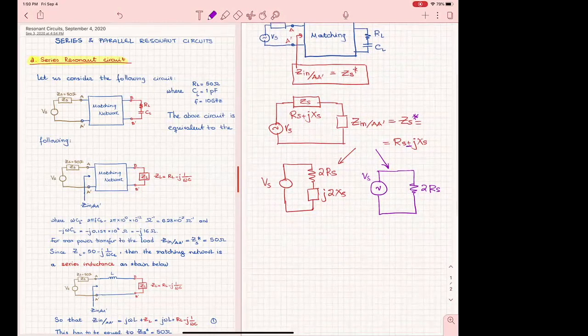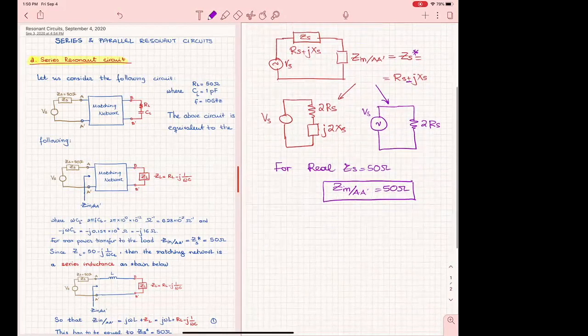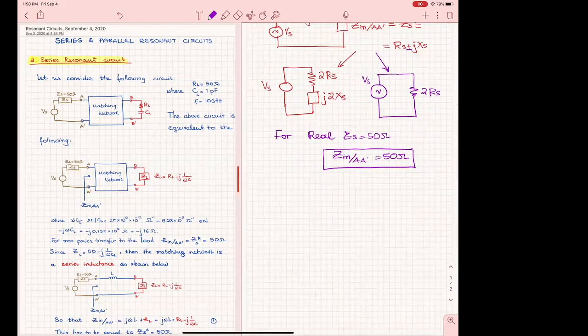Now in this particular case, of course, Z sub S is real. So for real Z sub S, which is 50 ohms, we need Z in at A A prime to be 50 ohms. Now, of course, I can use a transmission line model to achieve that.